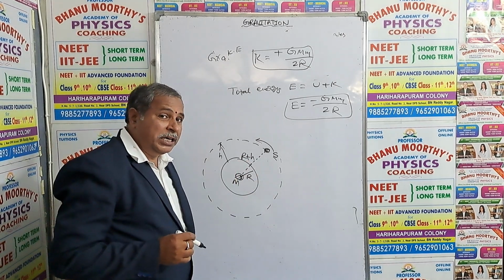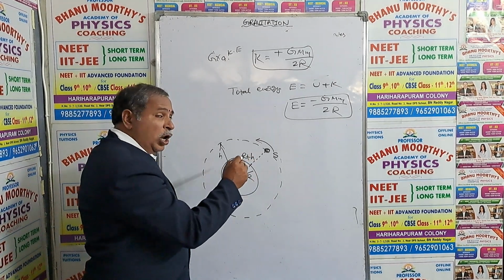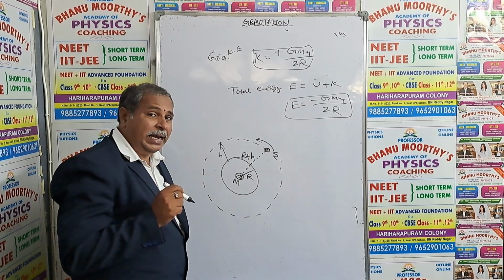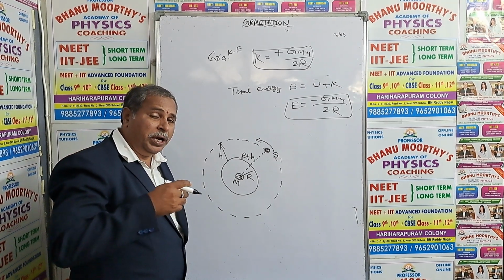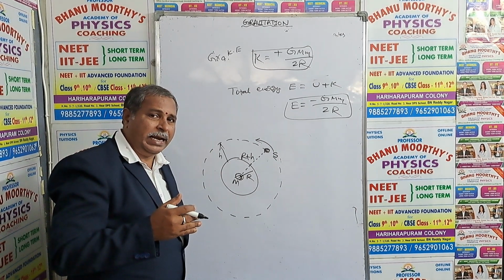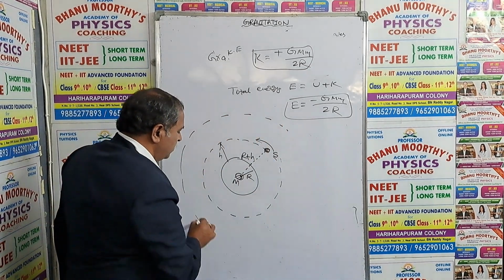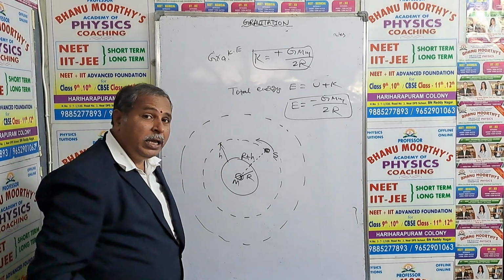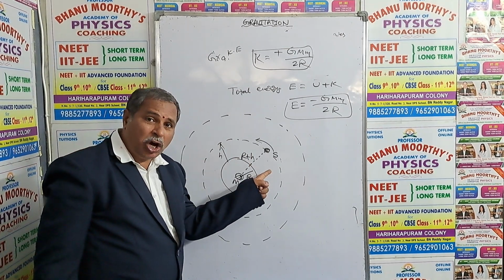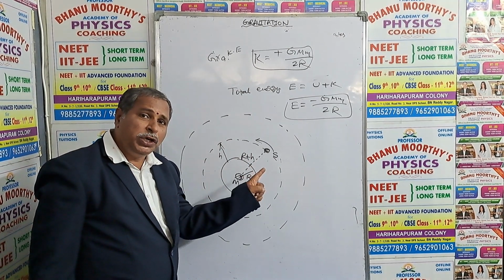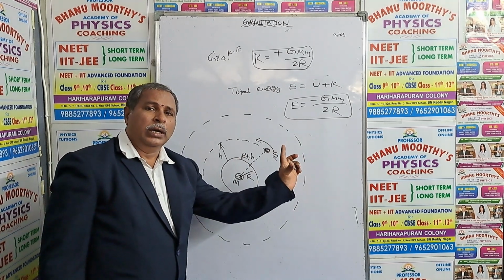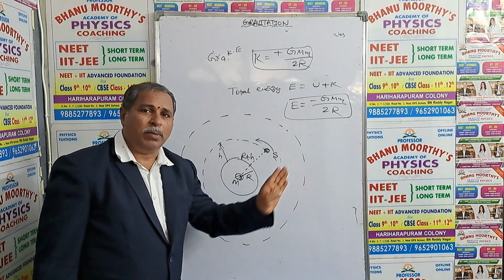Then what is the work done in moving the revolving satellite from one orbit to another orbit? Already the satellite is revolving in one of the orbits. Now we are going to pull this satellite to another orbit.